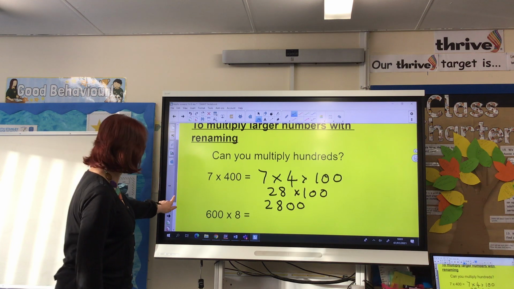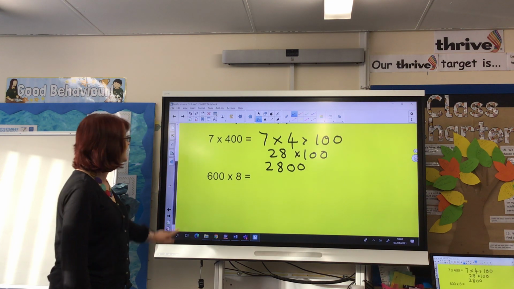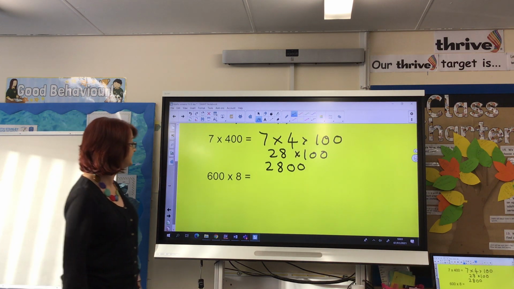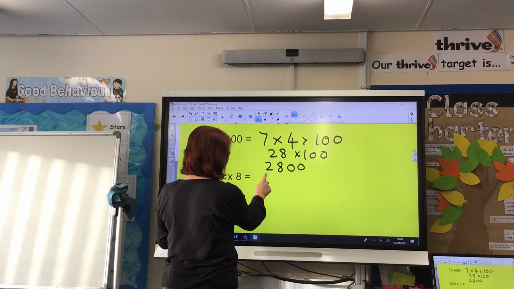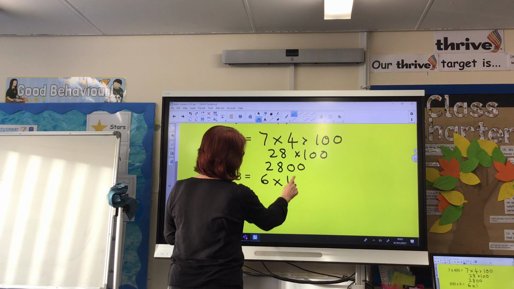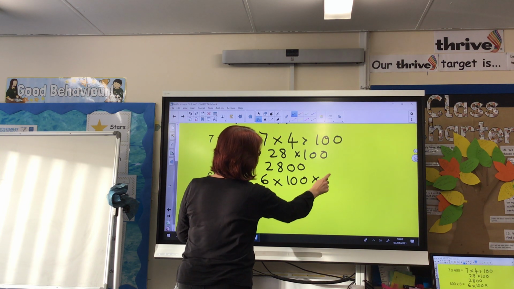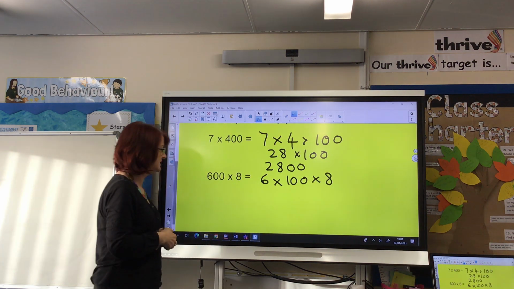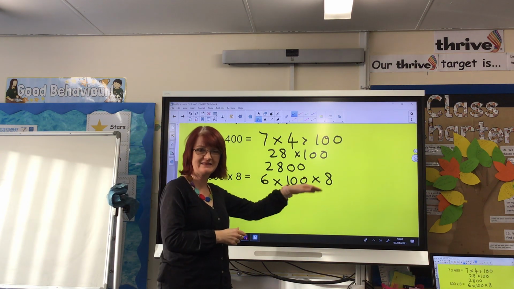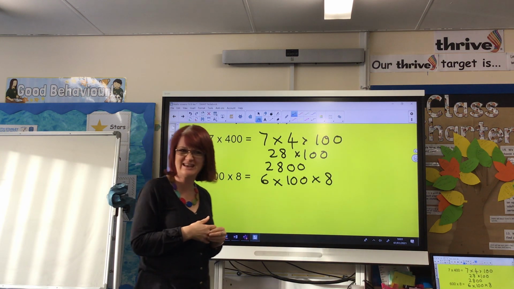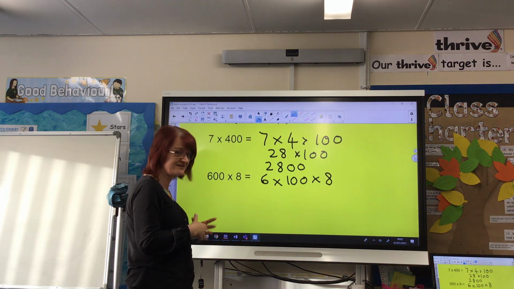Okay, let's have a go at another one. We've got here 600 multiplied by 8. Well, again, we could split that up. This is the same as 6 times 100 times 8. When we're multiplying three numbers like that, we can move them around because it doesn't make any difference how we multiply them. The answer's the same.